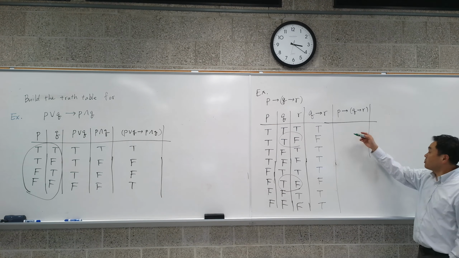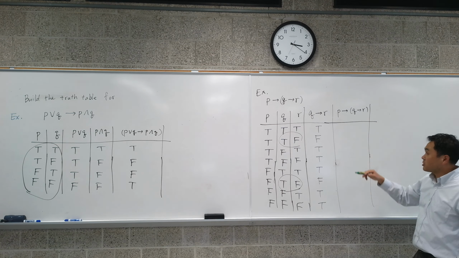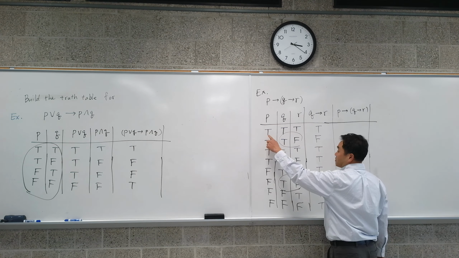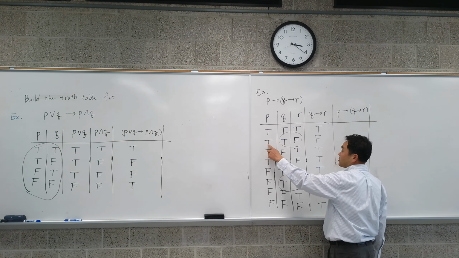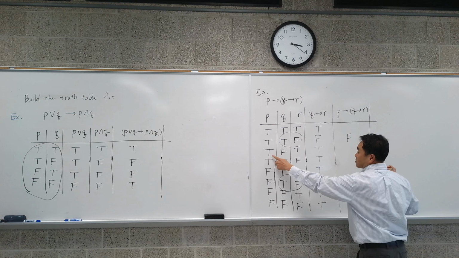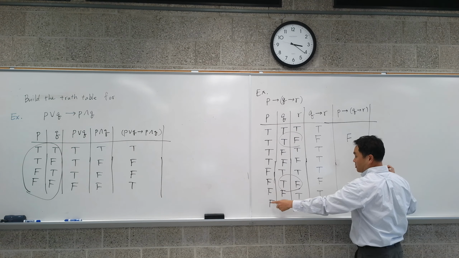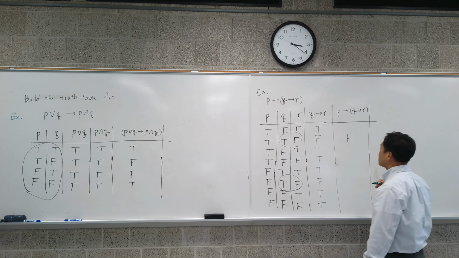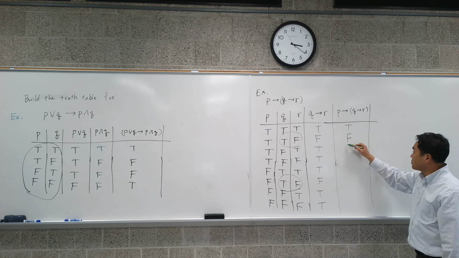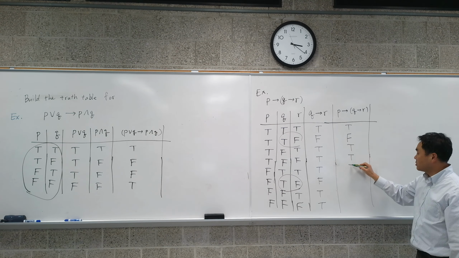And now for this last implication, it's this implies this, right? So again, you have to look for TF. There's one TF. This is going to be false. Do I see another TF? Oh, it's all left, so there's nothing else. Okay. So this is the only time you get false, and all the other cases you have true.